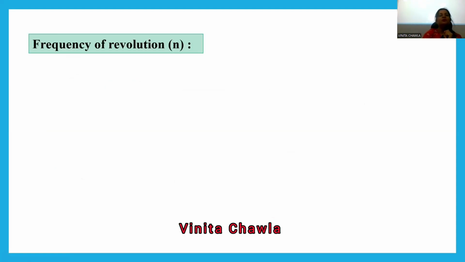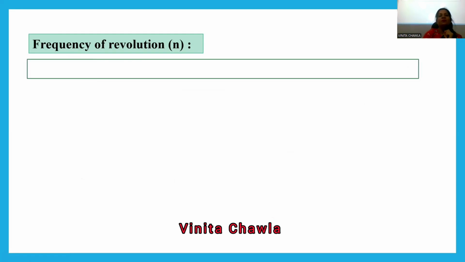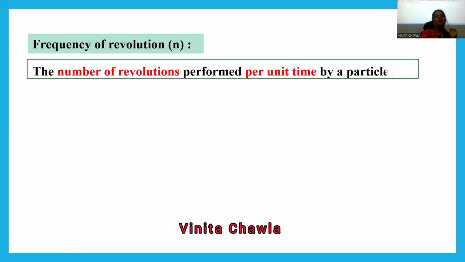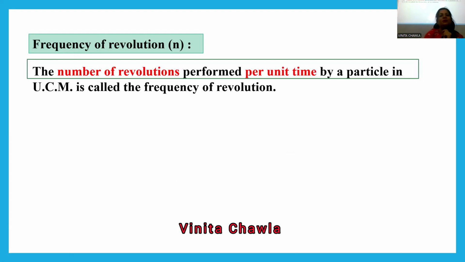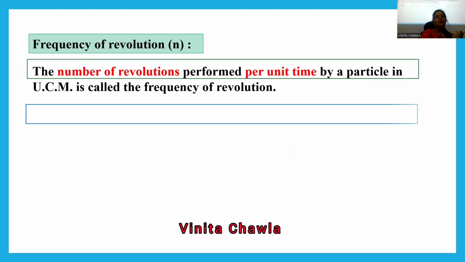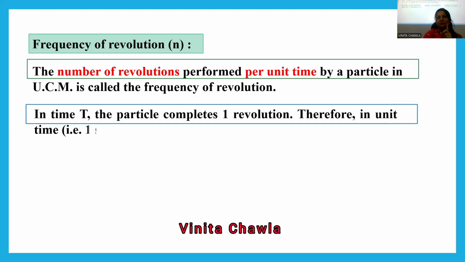And frequency of revolution is denoted by n. How will you define frequency of revolution? The number of revolutions performed per unit time by a particle in uniform circular motion is called frequency of revolution. Unit time में कितने revolutions हुए? ठीक है? And in time T, the particle completes one revolution. है ना?